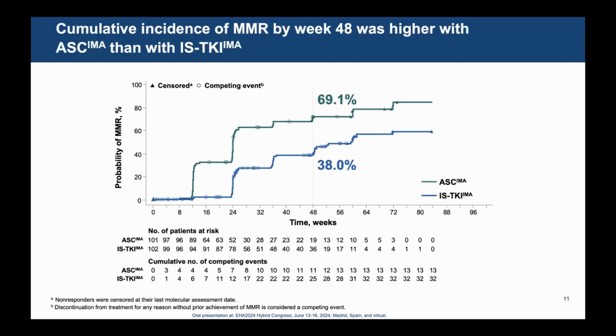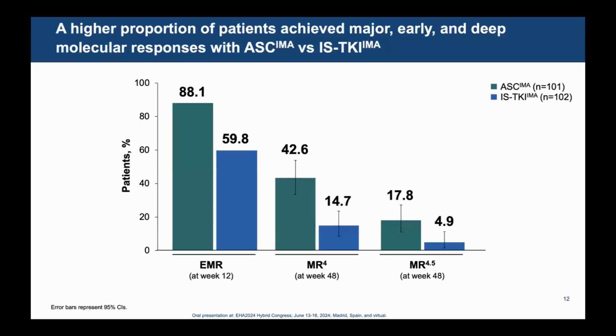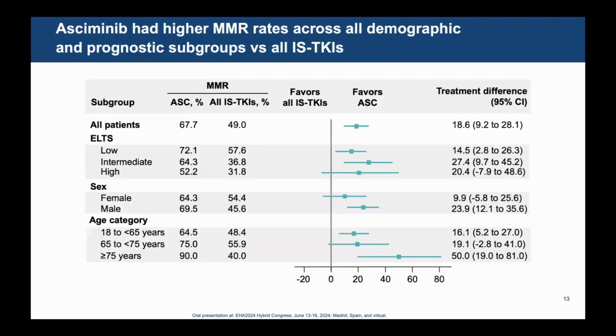That means we have a faster response with Asciminib, the specific BCR-ABL inhibitor. Also, EMR, MR4, and MR4.5 are favorable with Asciminib, of course, as expected, because Imatinib is less active compared to the second-generation drugs. Therefore, we expected a bigger difference here.